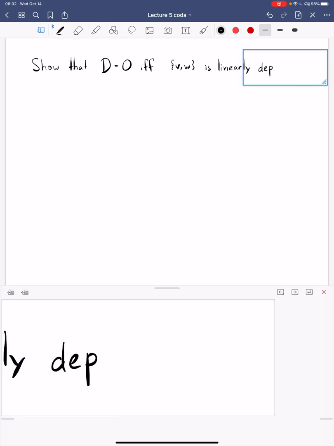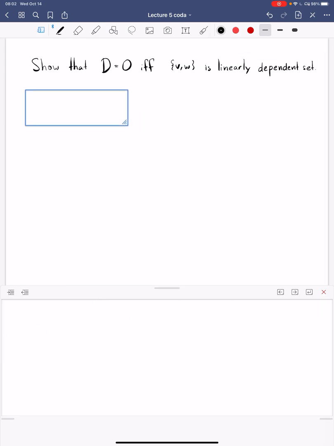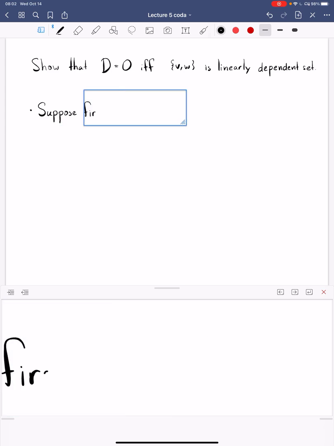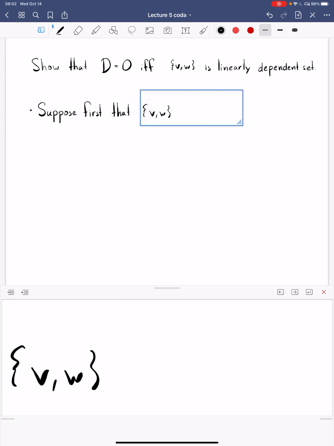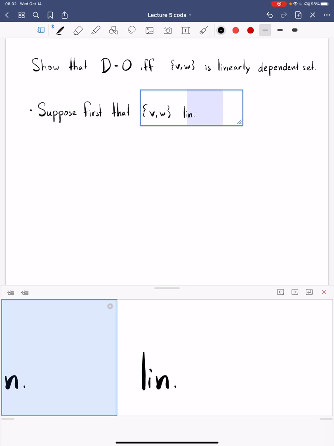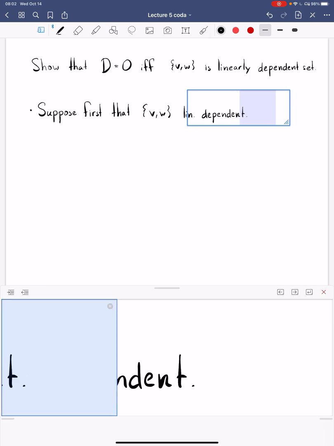Okay, so that's two things to show. So suppose first that V, W are linearly dependent. Okay, what does that mean?